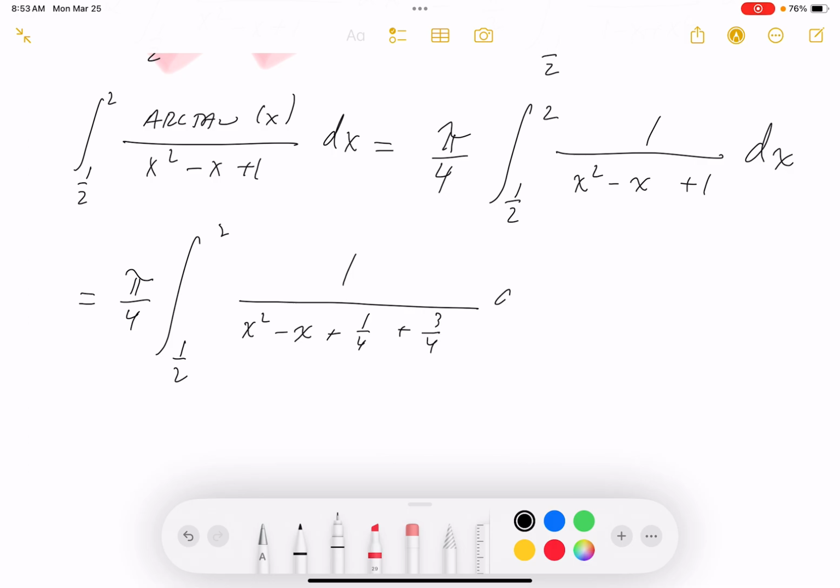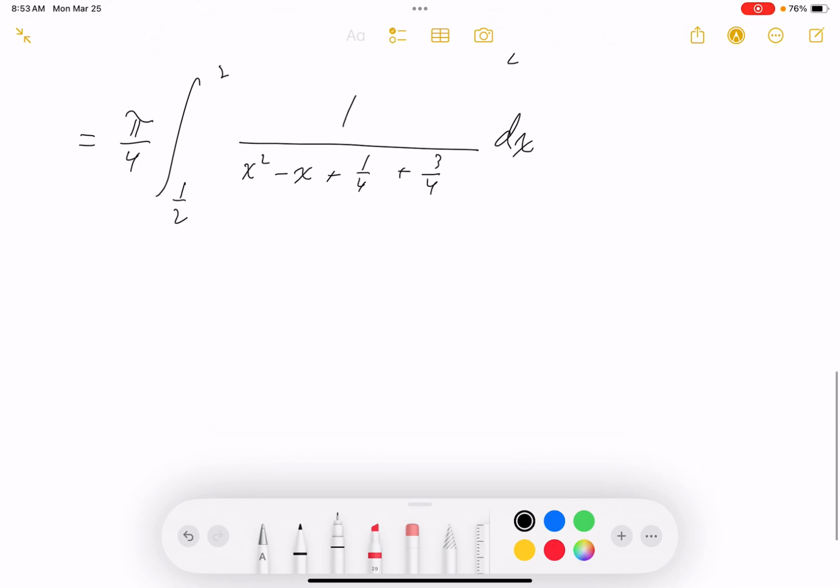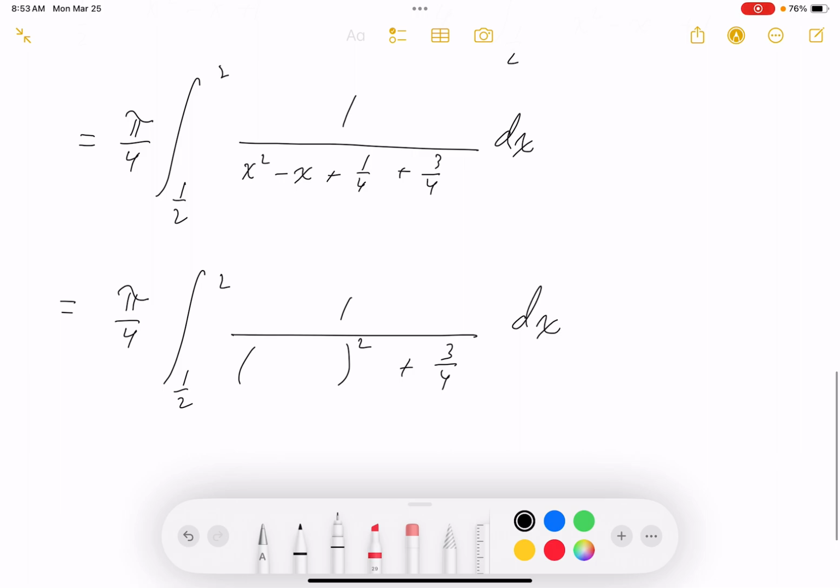Haven't changed it. I'm going to keep moving through this. Pi over 4, and you get 1 over a perfect square. Some people just remember these things, and they were able to do it really quickly. There is an advantage to that, by the way. But over here, I'm going to get x minus 1/2 squared.